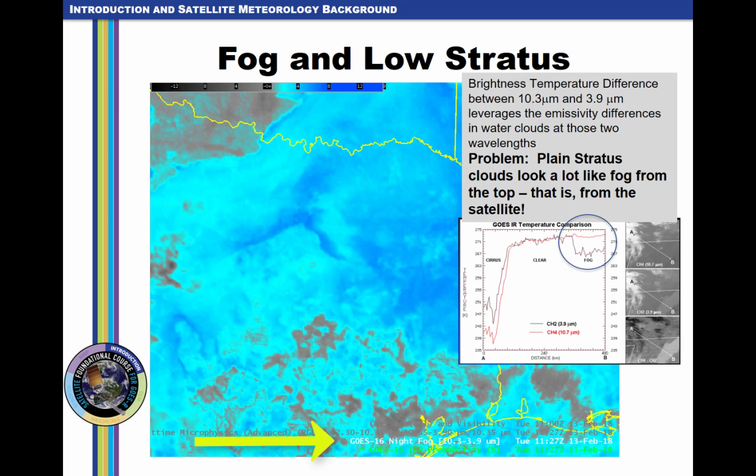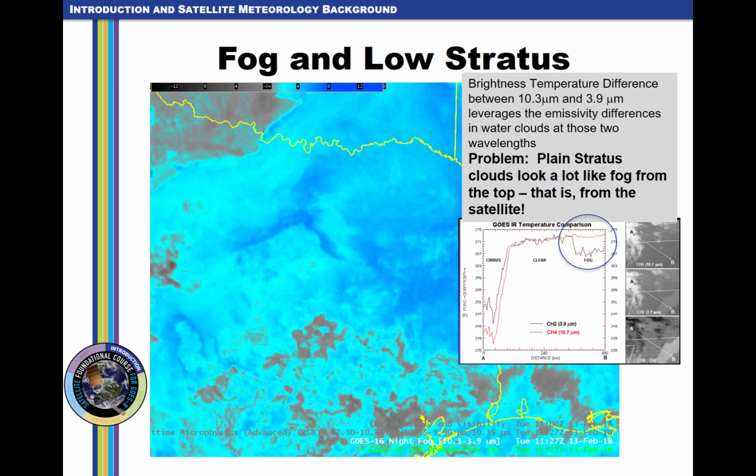That's shown in this color enhancement, and also in the inset using legacy data that shows a cross-section from fog to cirrus. Computed brightness temperatures between shortwave and longwave wavelengths are different because of emissivity differences. Note in the cross-section that the cirrus temperatures are different as well because of subpixel effects that have been described in other satellite foundational courses for GOES-R.